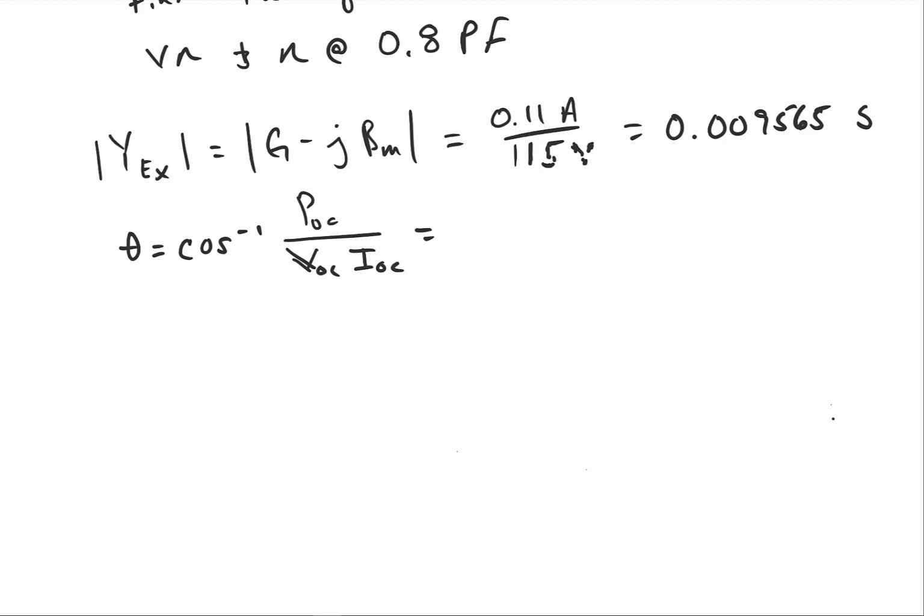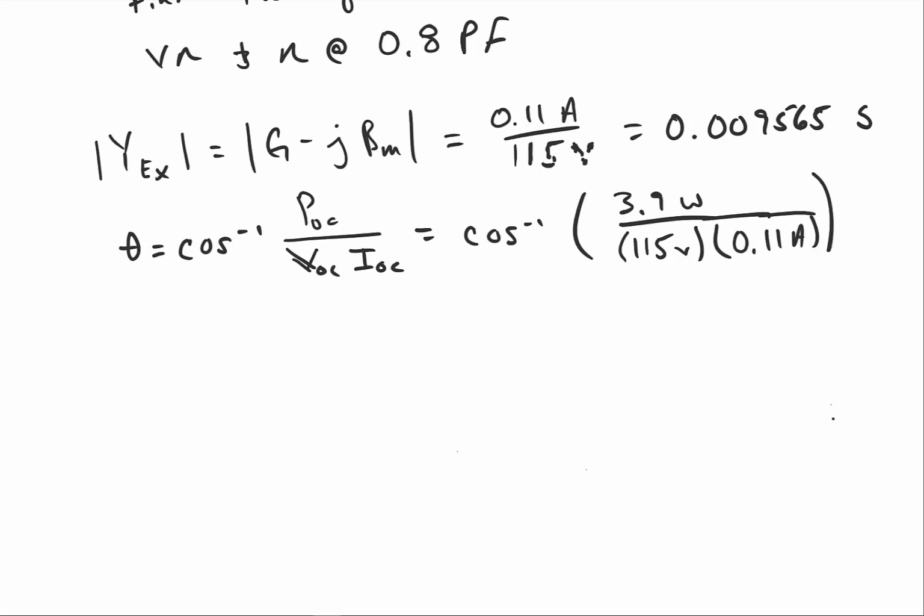And this is inverse cosine of 3.9 watts, that was given in the problem, divided by the open circuit voltage of 115 volts times the current of 0.11 amps. And if we compute that, we end up with 72 degrees.